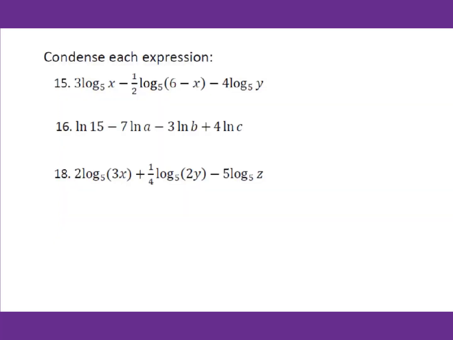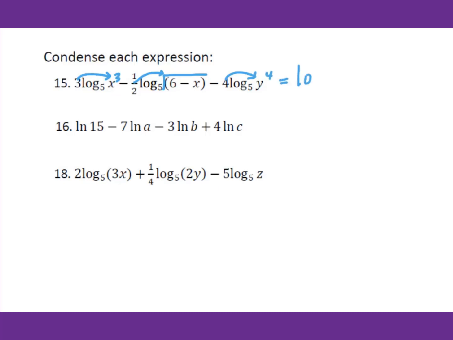Let's do some examples. First of all, you need to clear the log. That means any number before the log jumps as an exponent. So we got x to the 3rd power. 1/2, when you jump, we get square root of 6 minus x. 4 jumps, we get y to the 4th power.